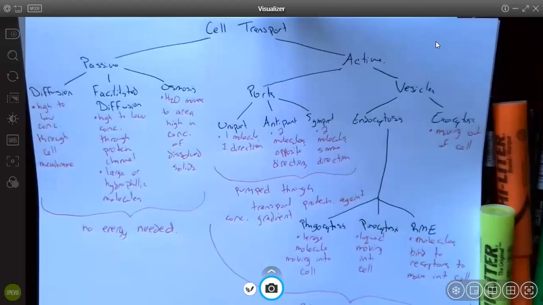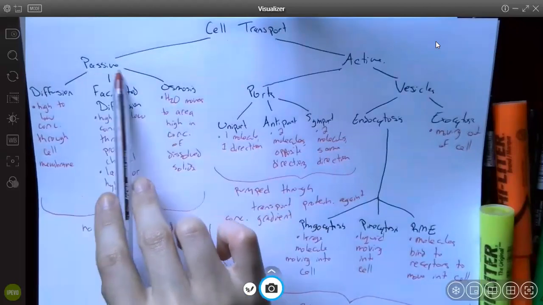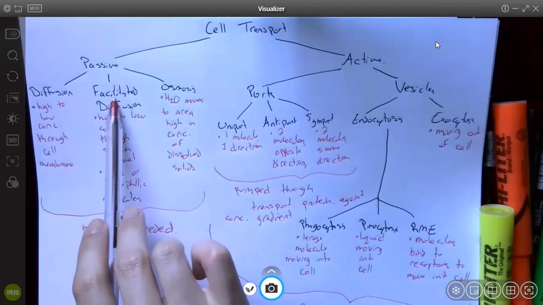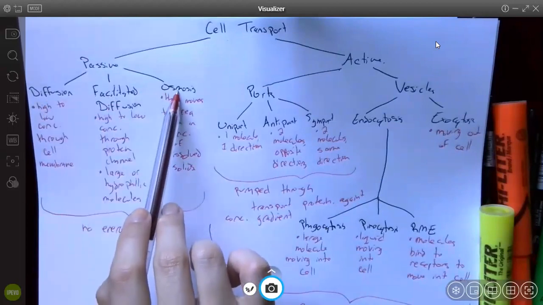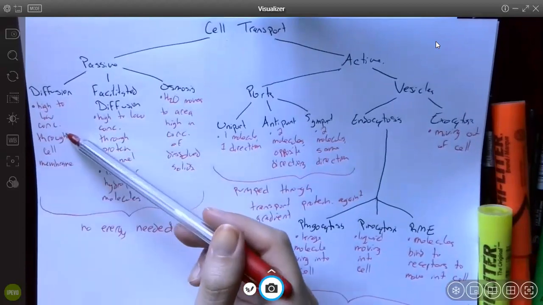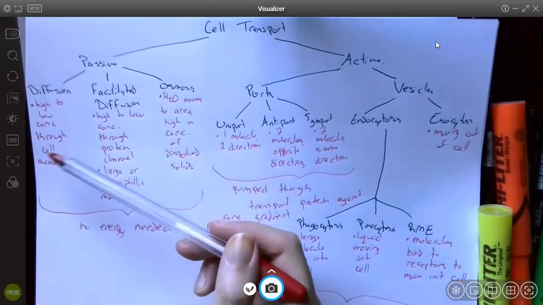Okay, so this is just a little flow chart to summarize these different types of transport. On the one side, we have the different types of passive transport, which includes diffusion, facilitated diffusion, and osmosis. Diffusion is when you go from high to low concentration through the cell membrane.